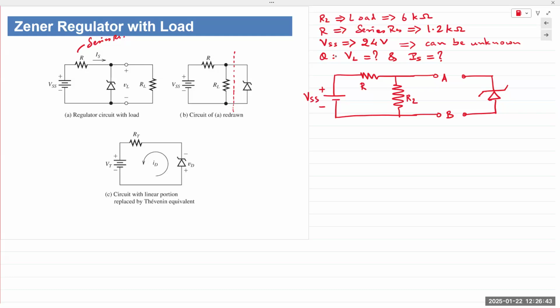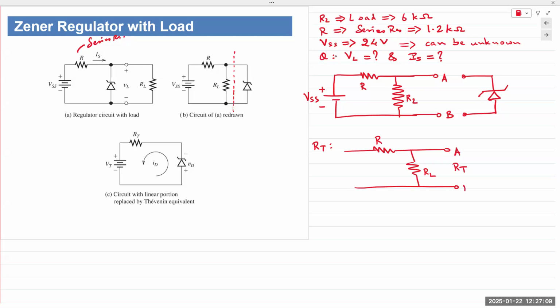So let's take a look at Thevenin resistance first. RT for this portion, we have RL here, R here, and RT.